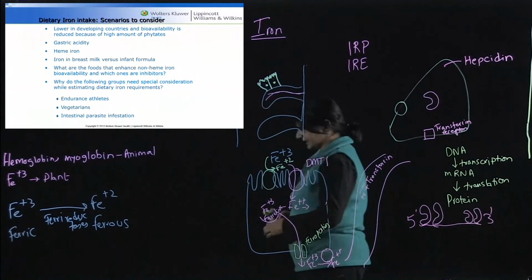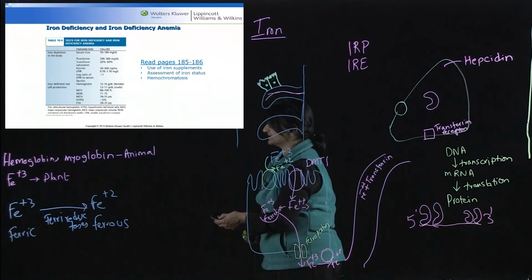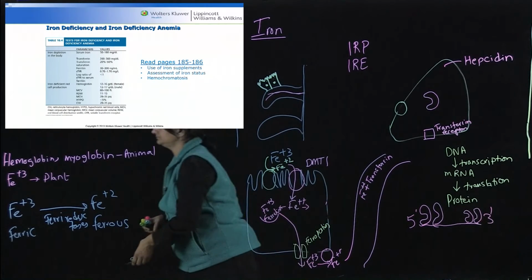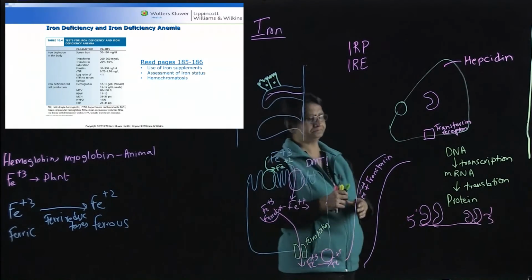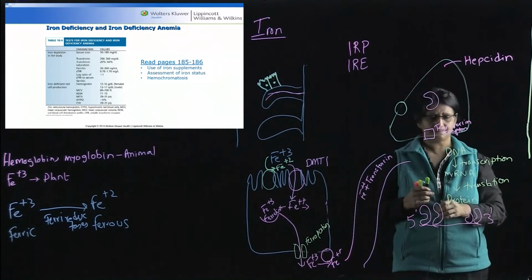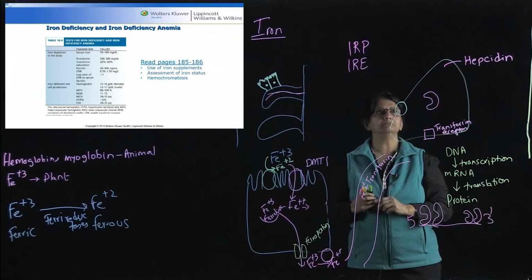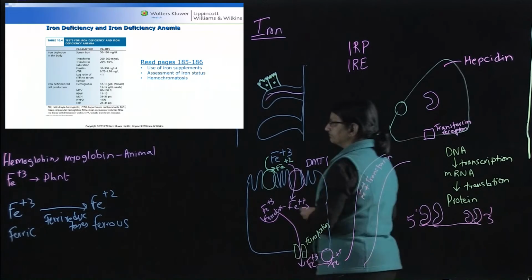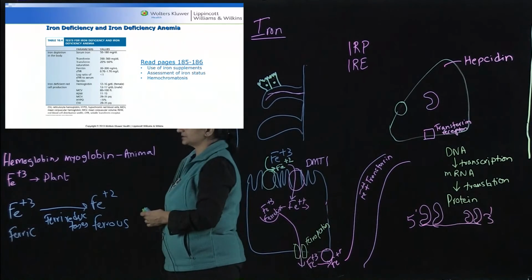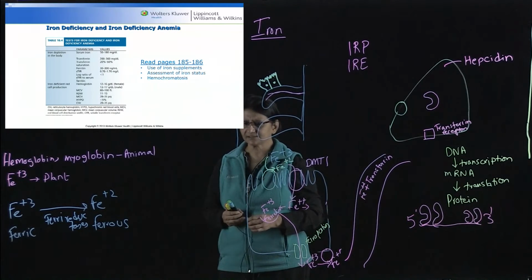Now, with regard to iron deficiency and how it is actually measured, if you were to take a look at it, they look at several things to assess iron status.